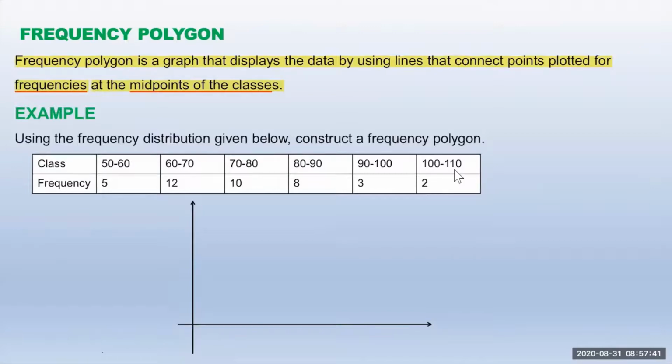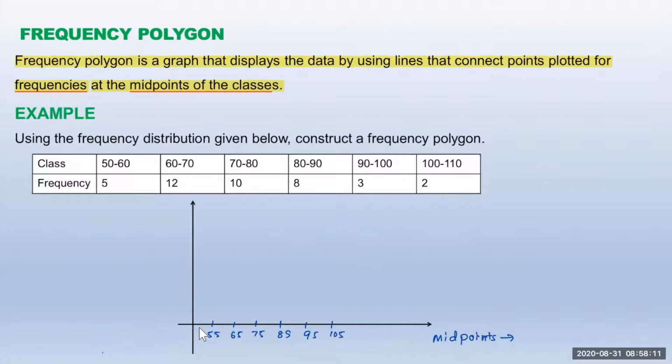So we'll have midpoints along the x-axis. Let's plot those midpoints: 55, 65, 75, 85, 95, then 105. So those are the midpoints.